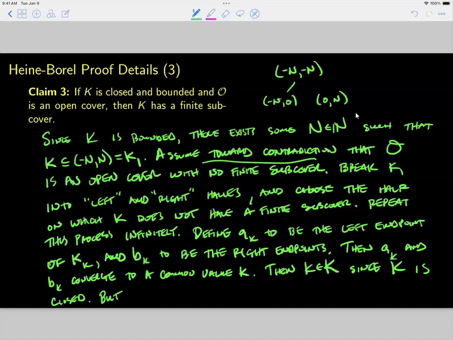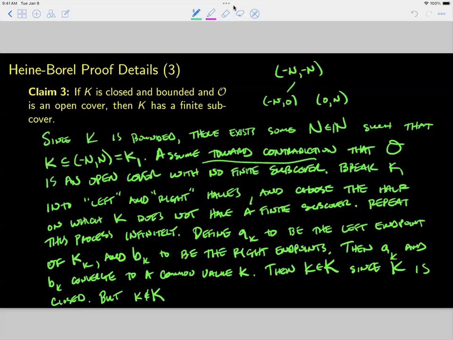But also, little k cannot be in capital K. If little k were in capital K, then I could cover up little k with something of some positive radius, and then I would be able to build a finite subcover of my set by taking the neighborhood around k and unioning it with some number of the K sub Ks, up to some point.